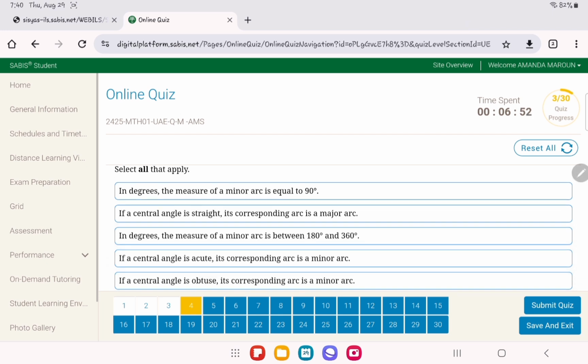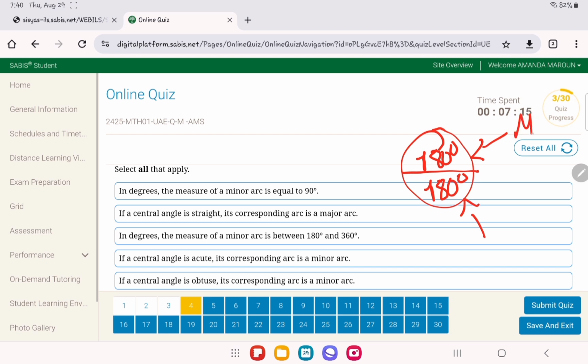So, second one, if the central angle is straight, its corresponding arc is a major arc. Let's draw a circle, and we have a straight angle here. This is the central angle. That means 180 degrees here, 180 degrees here. If this is minor and 180 and this is major and 180, does it make sense?